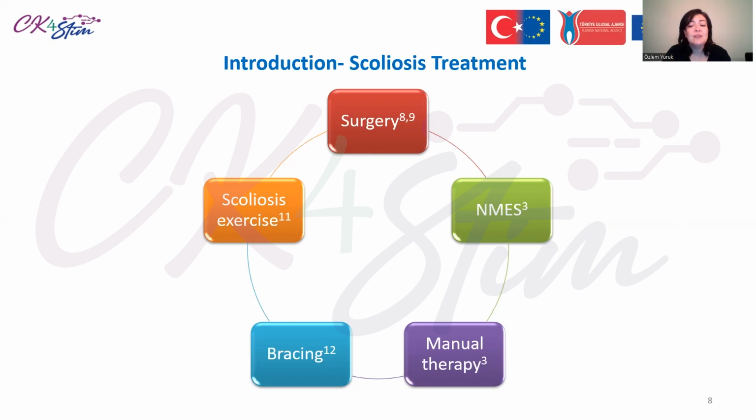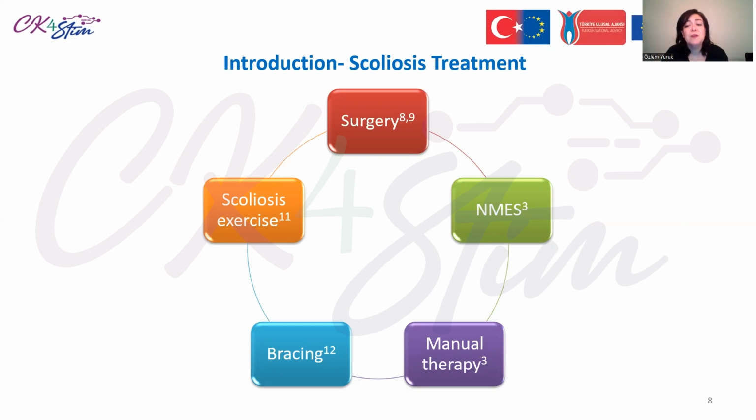The clinician decides the treatment approach by considering the progression, localization, and pattern of scoliosis. The individual's cosmetic appearance and social factors should also be considered during the decision-making process. Patients with a curvature below 20 degrees are reassessed at 6 to 11 months intervals.